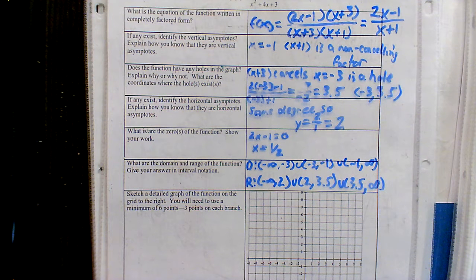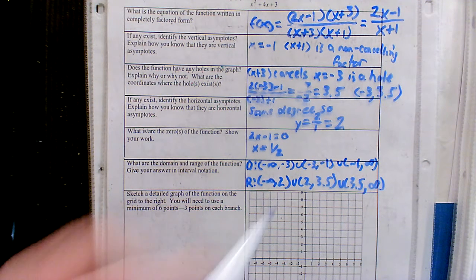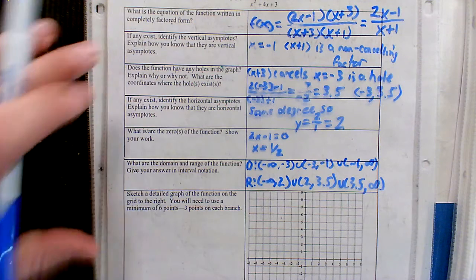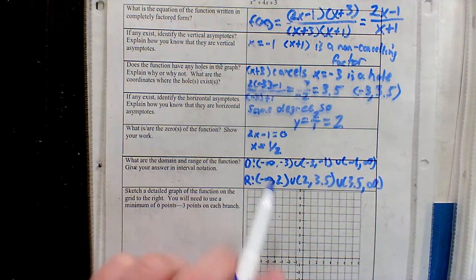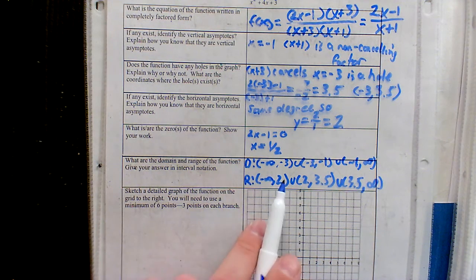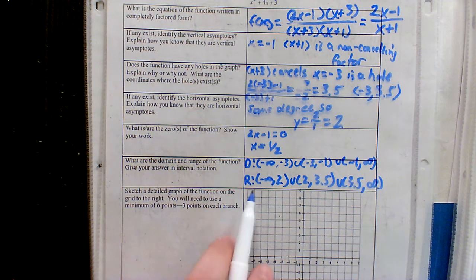In this problem, the degree happens to be the same, equally heavy, same degree. Take the coefficients, so I got 2 as my horizontal asymptote. Zeros, I took the non-canceling factor of the top, the numerator, set equal to 0, so I get x equals 1/2. Then I used all the values I found up above to create my domain and range. Again, the domain, x values that don't work, you have to take into consideration. For the range, it's the y values that don't work. So pay attention to asymptotes and holes.